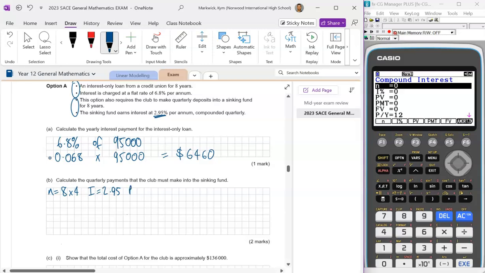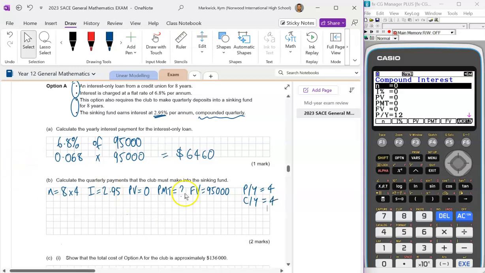The present value, we're assuming that the club has 0 money in the sinking fund to begin with. PMT is what we're being asked to work out, so how much they have to pay per quarter. The future value of this sinking fund, they want to get up to $95,000, like we said, so that they can pay off that loan completely. Payments per year are 4 because they're paying quarterly, and compound periods per year is also 4 because the interest is being compounded quarterly.